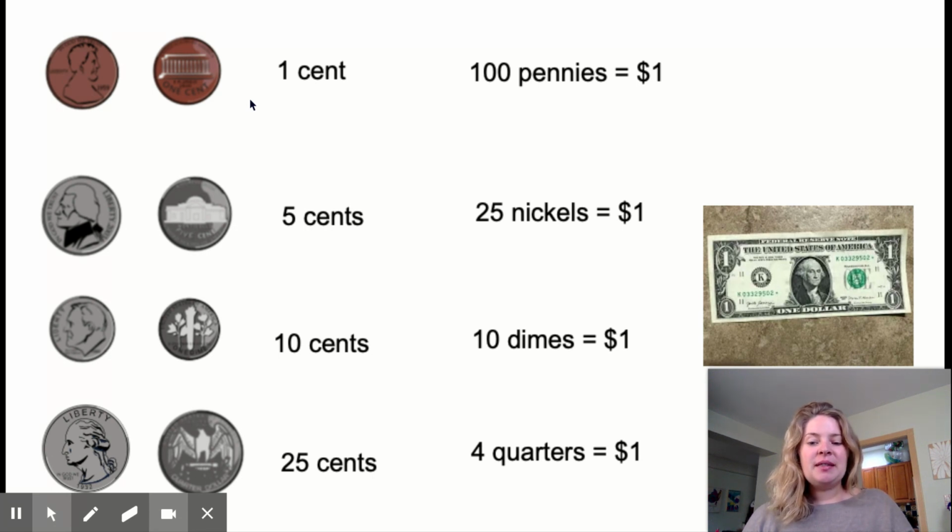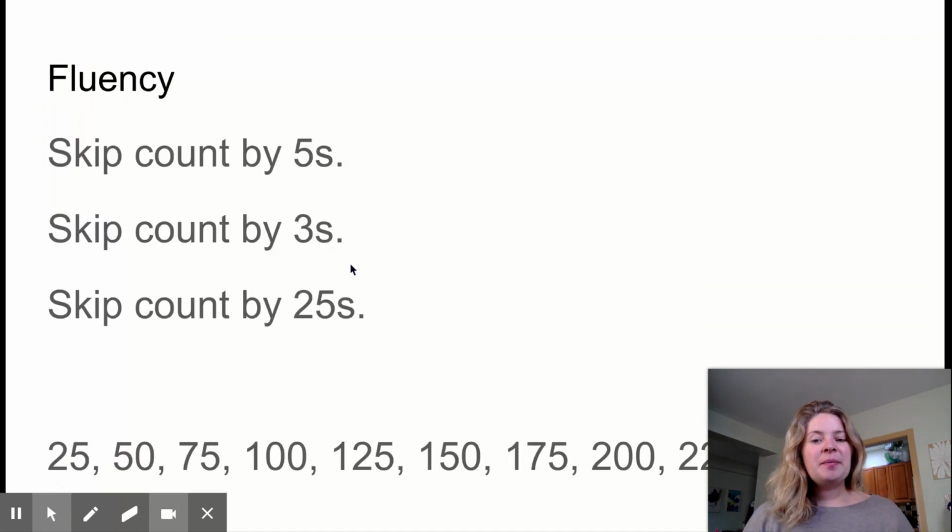Let's practice with some fluency today. We're going to start by skip counting by fives, and we're only going to go to 100 today. Let's do it together. 5, 10, 15, 20, 25, 30, 35, 40, 45, 50, 55, 60, 65, 70, 75, 80, 85, 90, 95, 100.